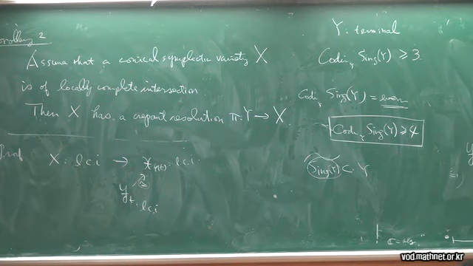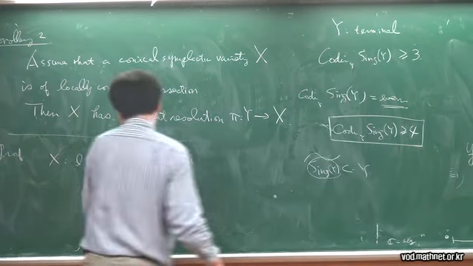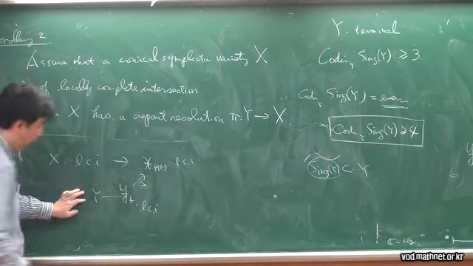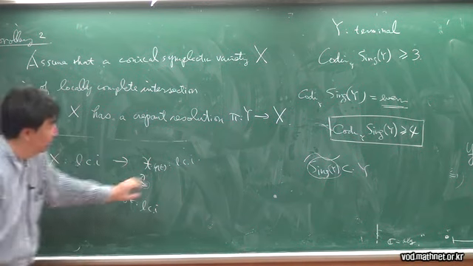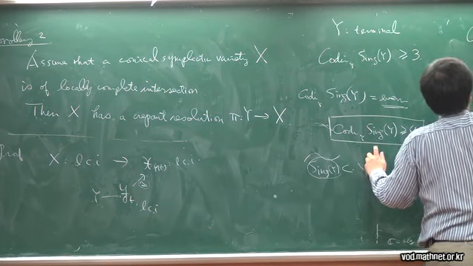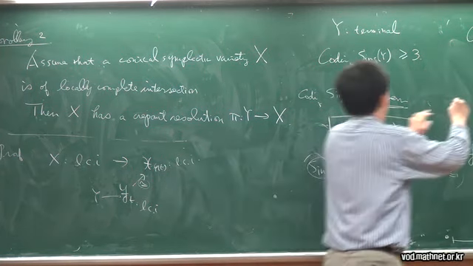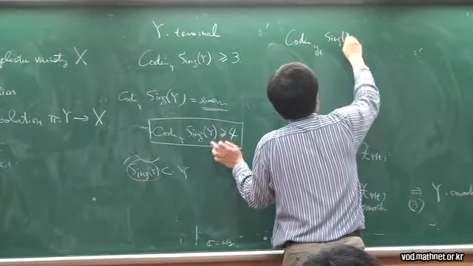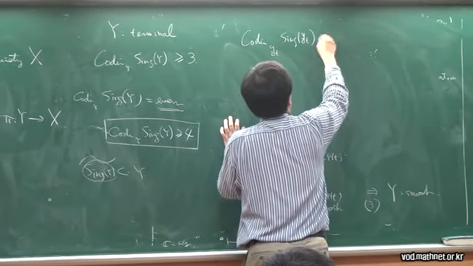So the singularity has a big codimension. But if the nearby fiber, this is a nearby fiber of Y, so Y_t is a deformation of Y, and Y satisfies this condition, then this Y_t also satisfies this condition.